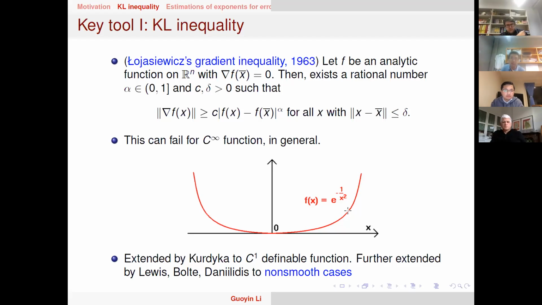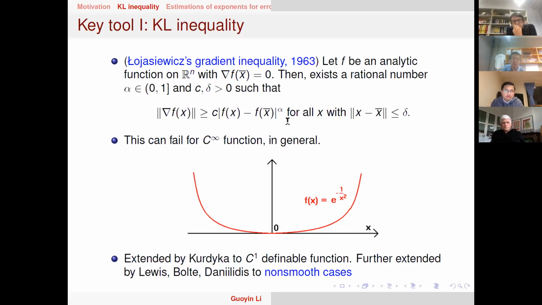It says that if you start with a stationary point, then you can find a neighborhood around this point so that the gradient of the function around this neighborhood is bounded below by the change of the function values up to a suitable power alpha. And alpha is a rational number, in general unknown in this case.